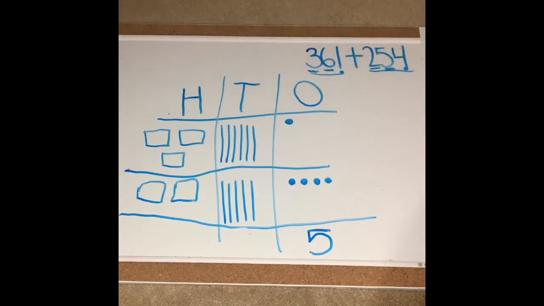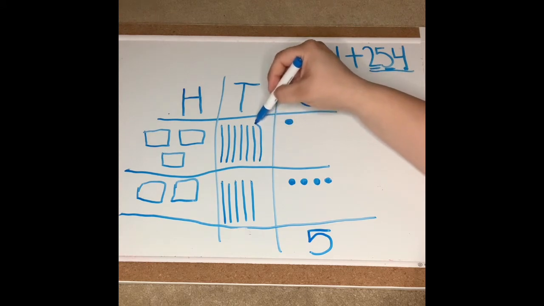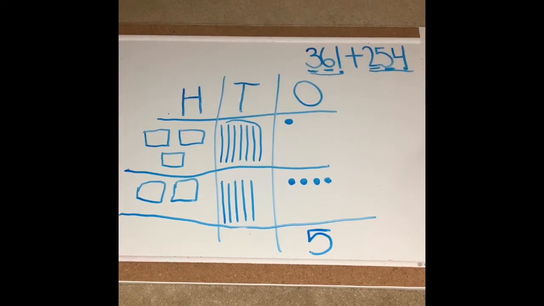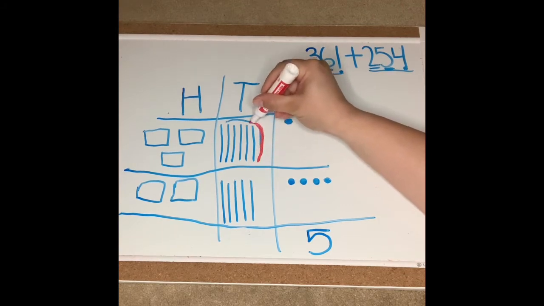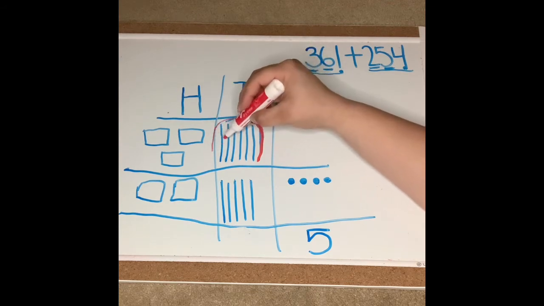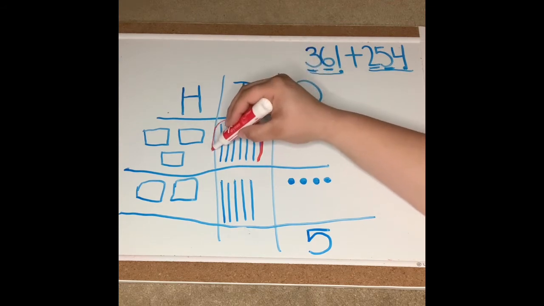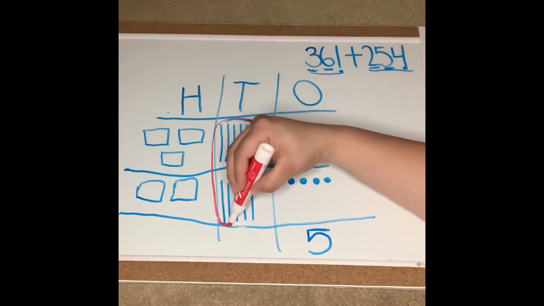So what we're going to do, that tells us that we are going to regroup. So we need to circle 10 rods. And I'm going to do it in a different color so that you can see. I'm going to circle 10 rods. So 1, 2, 3, 4, 5, 6, 7, 8, 9, 10.